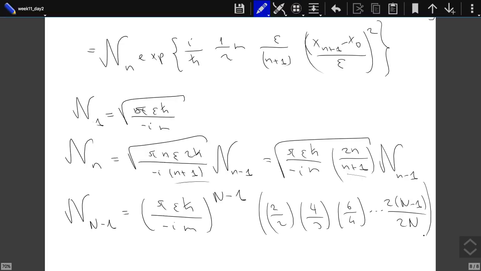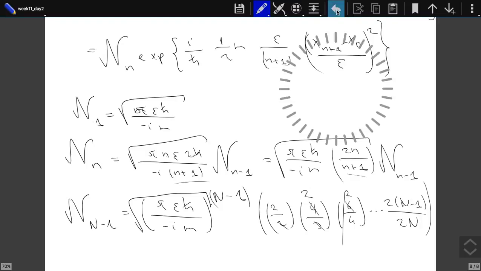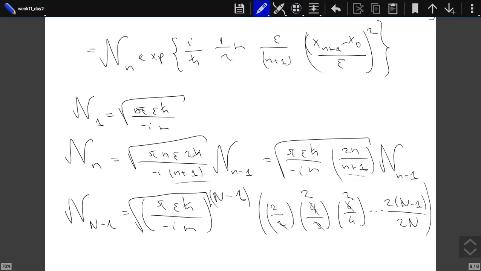So let's see. n minus 1 over 2. Yes. Or let's write it in this way. We have the square root of this one to the n minus first. Well, this 2 cancels this 4, and we have a factor 2. This 3 cancels this 6, we have a factor 2. And then, how many terms do we have over here?